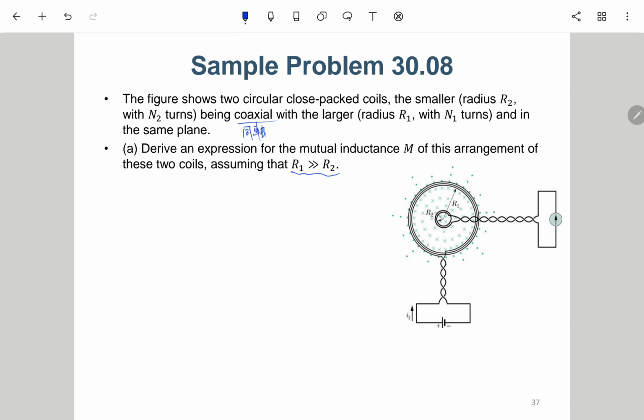So here we should try to find phi 21. Phi 21 means the B field is generated by coil 1, but we count the area of coil 2, because coil 2 tries to induce some EMF due to B1. We note that as phi 21.